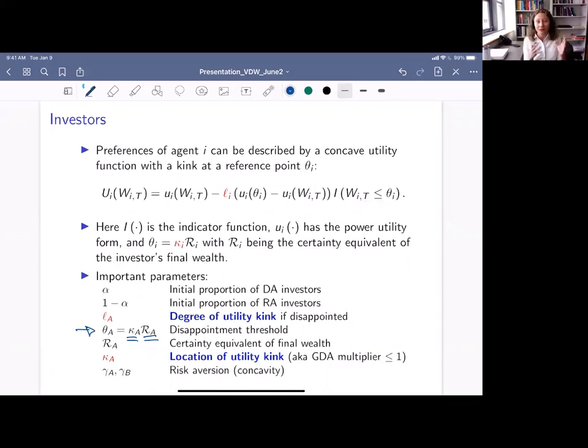You will have completely different economies in a sense, depending on who owns a higher proportion of agents in the economy. And of course alpha is the initial proportion, but as you let the economy run and the dividend changes, the relative proportion of the agents will change as well.